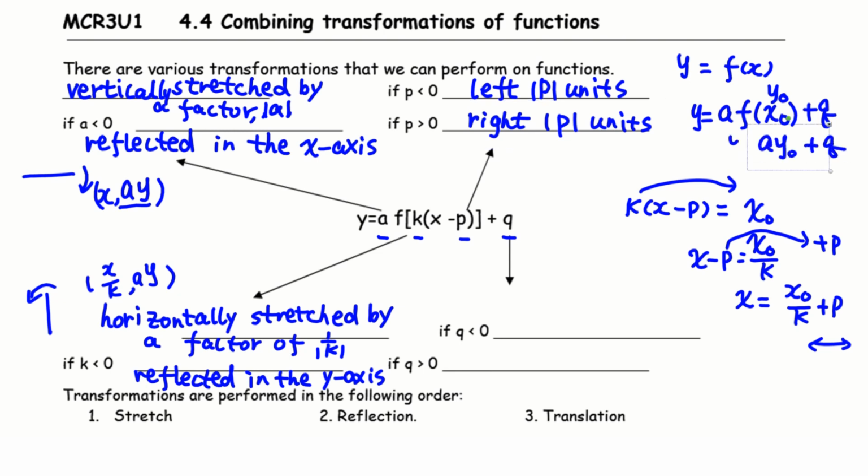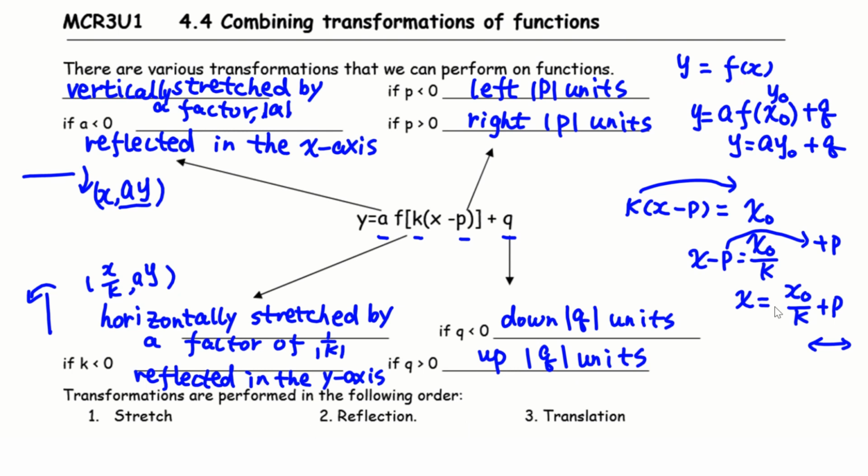So this is the new y coordinate. If q is less than 0, the whole y value is reduced by q, so it's down q units. Again, use the absolute value sign, it is a measurable quantity. If q is greater than 0, then it will be up. The y value is added, so the y coordinate will be greater, up q units.